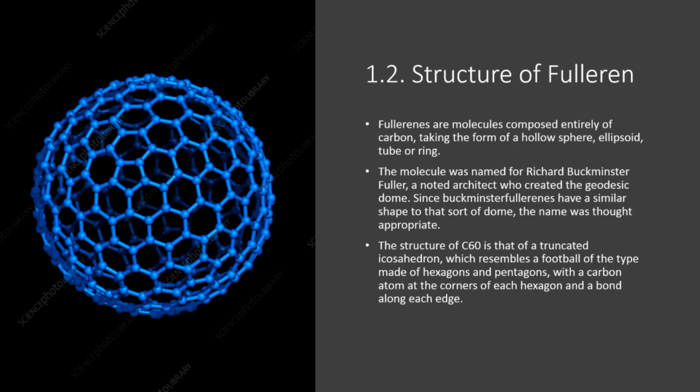Since buckminsterfullerenes have a similar shape to that sort of dome, that name was thought appropriate. The structure of C60 is that of a truncated icosahedron, which resembles a football of the type made of hexagons and pentagons, with a carbon atom at the corners of each hexagon and a bond along each edge.